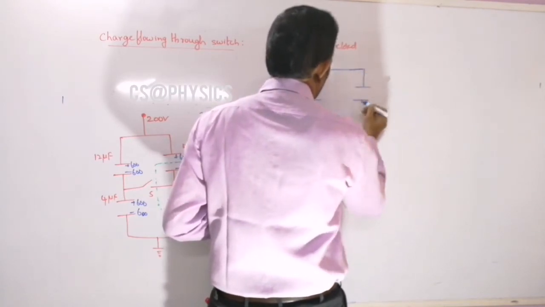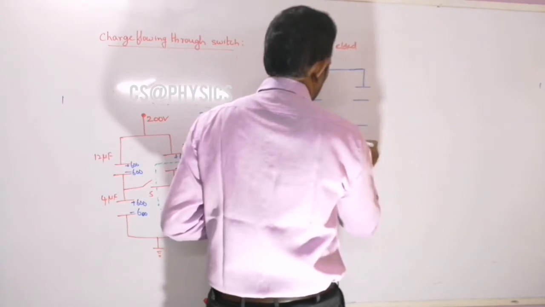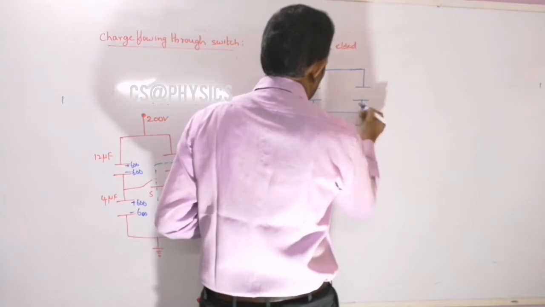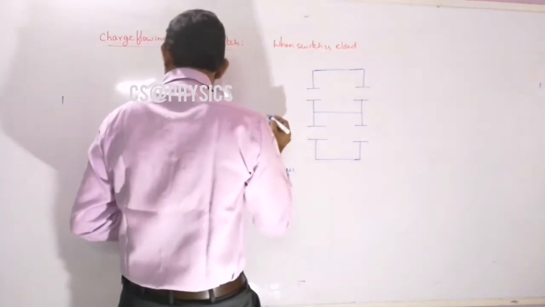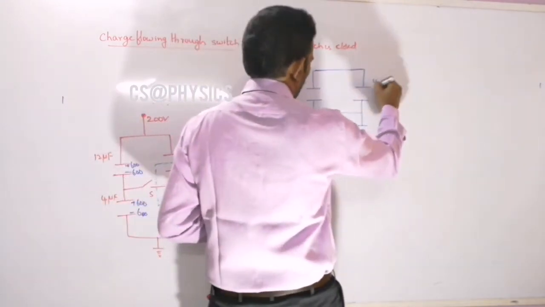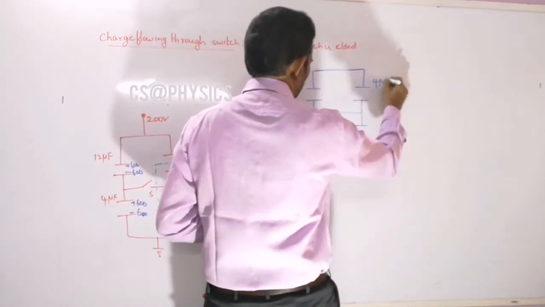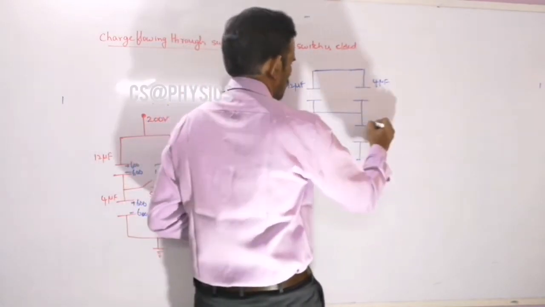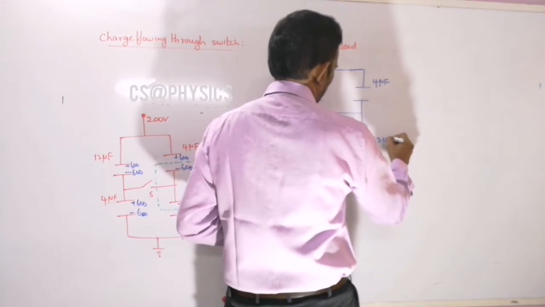So this is one capacitor, this is another capacitor, and this is one capacitor, and this is another capacitor like this. Now this is the switch closed here. And so now its capacitance is 12. This is 12 microfarad and this is 4 microfarad. And so now this is 4 microfarad capacitor and this is 12 microfarad here.